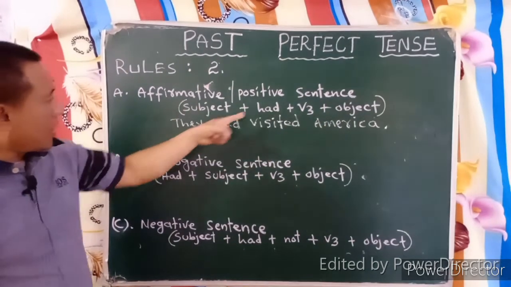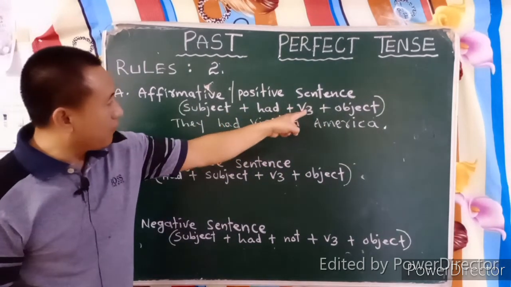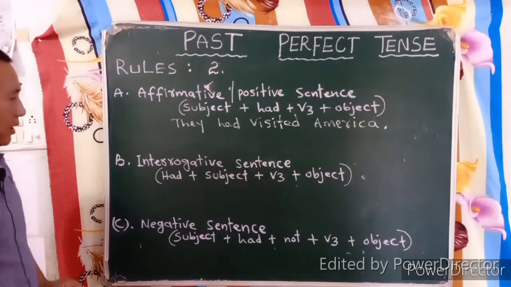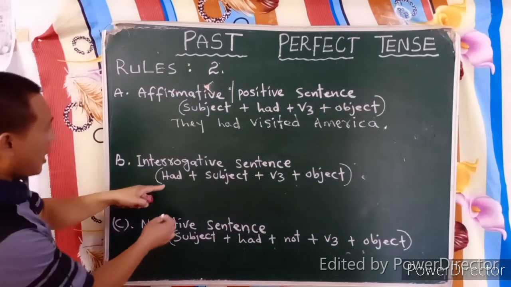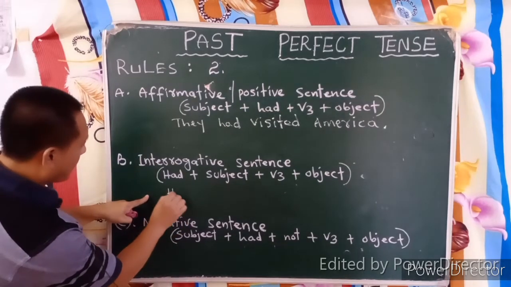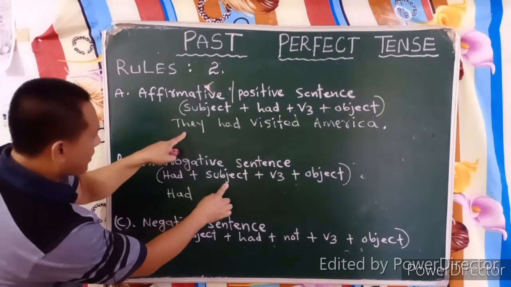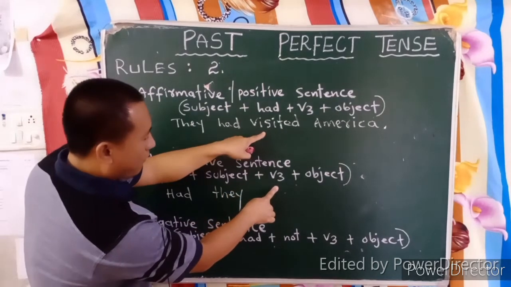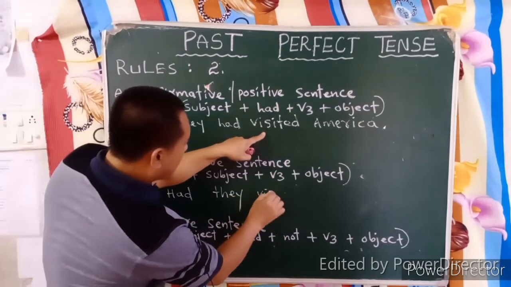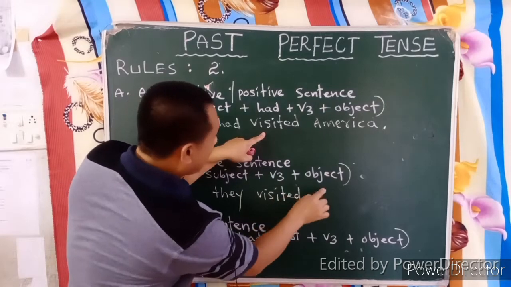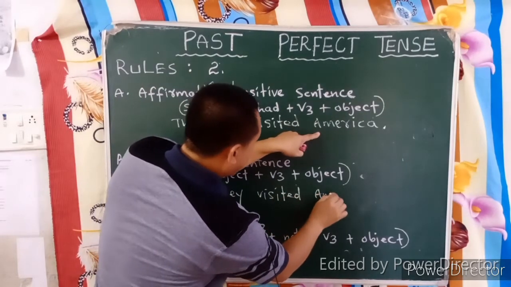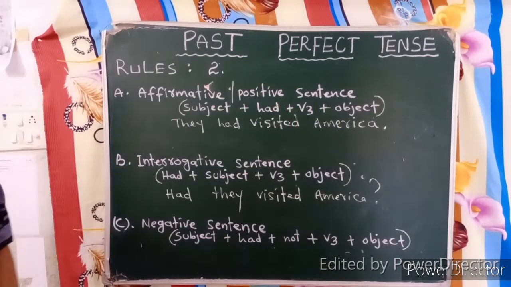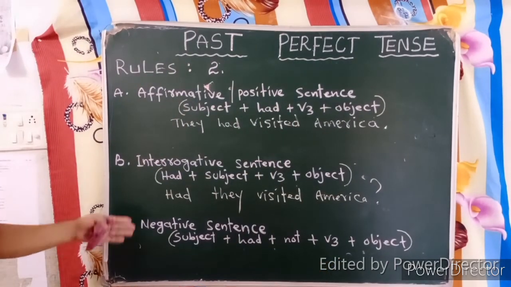They, subject, had visited V3, object, America. They had visited America. Interrogative sentence: had, subject they, verb 3 visited, object America. Had they visited America?